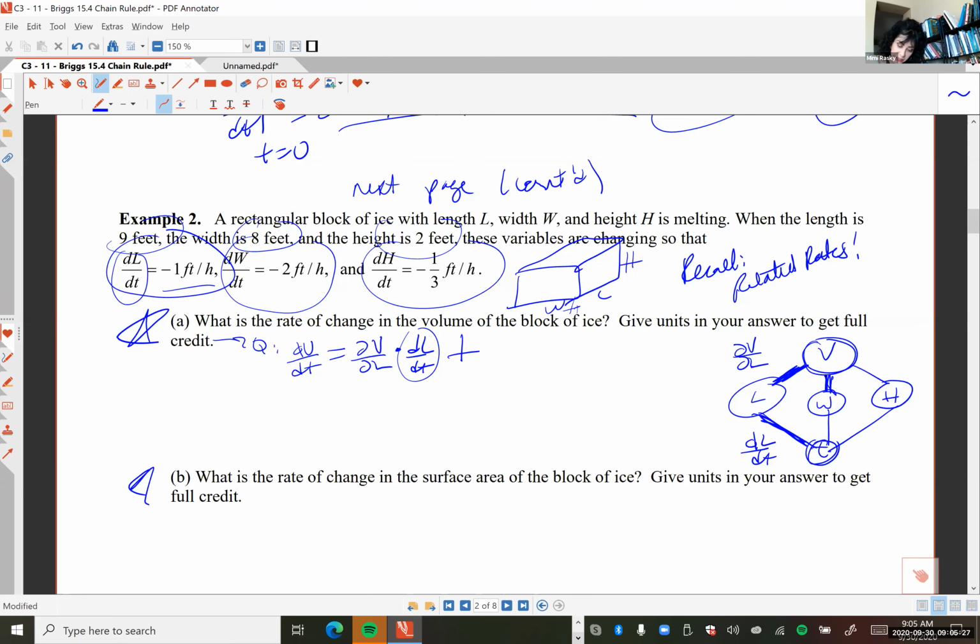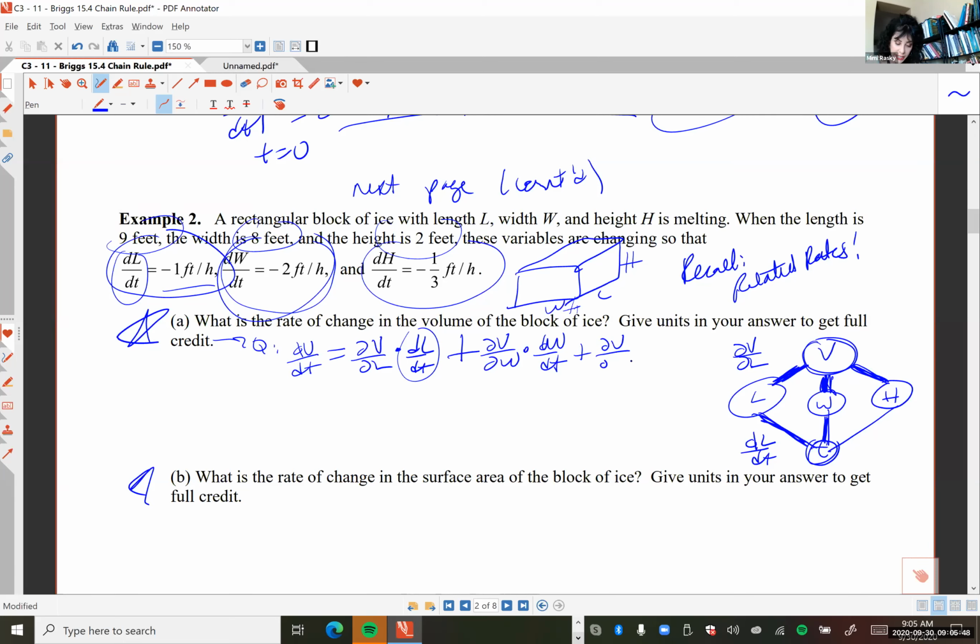Then you're going to go down this branch of our little tree diagram. You're going to take the partial of V with respect to W times dW/dt, the rate of change of the width with respect to time, and they also gave that to you, so you don't have to get a derivative for this one. And then the last variable we have to handle is the partial of volume with respect to height.